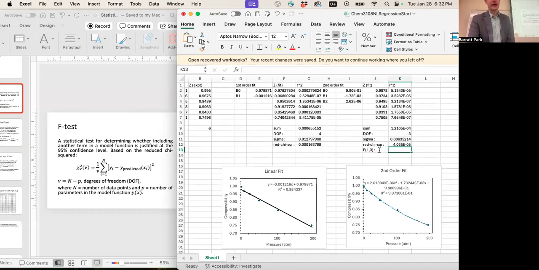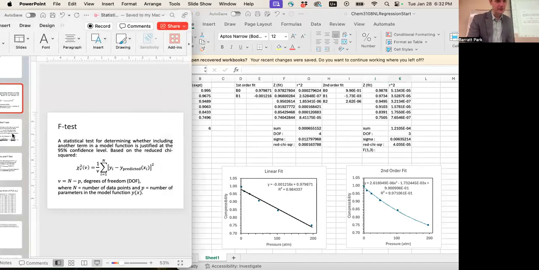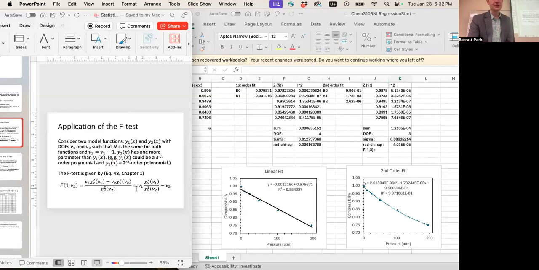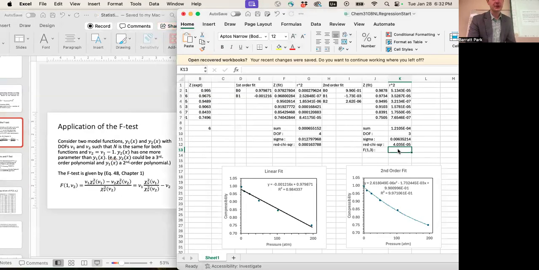And I'm going to do that. Let me go to the formula so that you can see. So here's the formula. I'll just enter it here. So we need number of degrees of freedom in fit 1 times the reduced chi-square value for fit 1, right? Minus number of degrees of freedom in fit 2. That's going to be this number here, 3, times the reduced chi-square value for fit number 2.